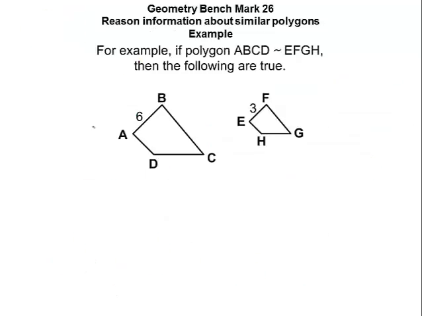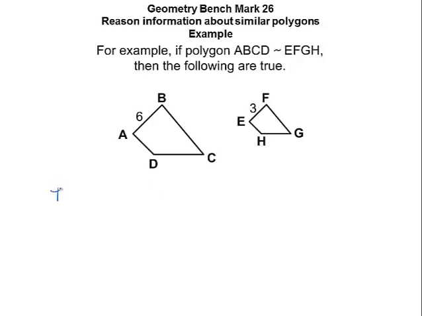This example says if ABCD is similar to EFGH, then the following are true. The ratio of the lengths of the corresponding sides is called the scale factor.